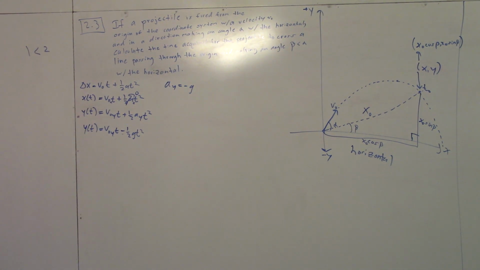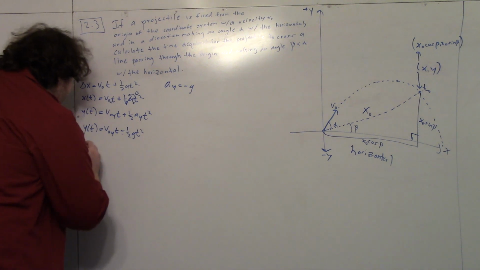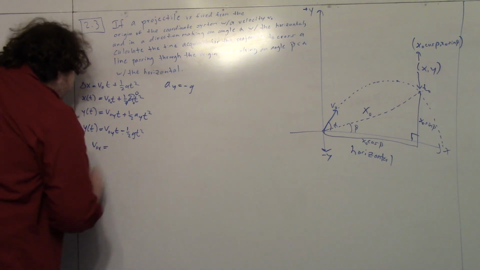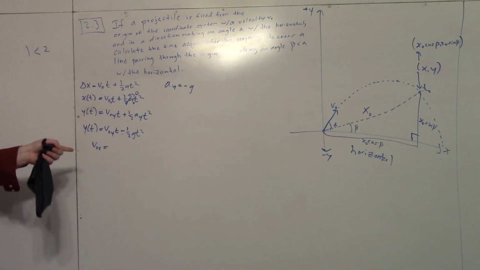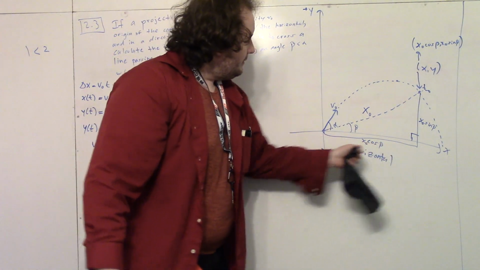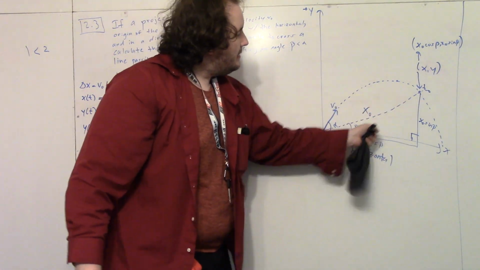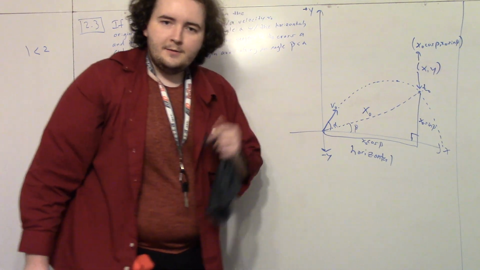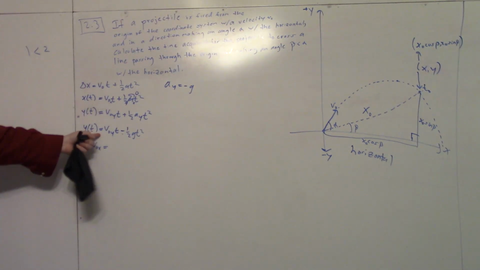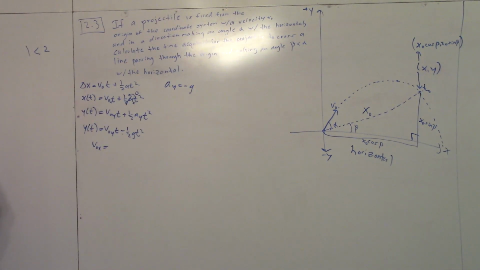So there are these nice definitions. v naught x, the initial velocity in the x direction. Remember this cosine of x with respect to this hypotenuse. So, initial velocity is a vector.